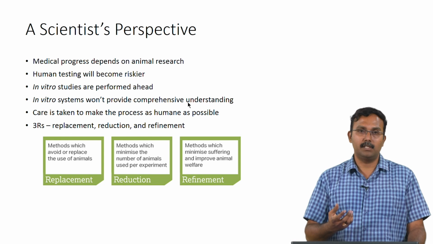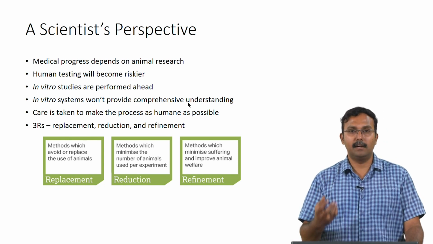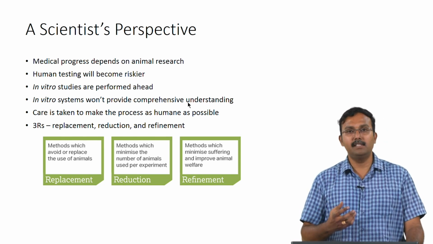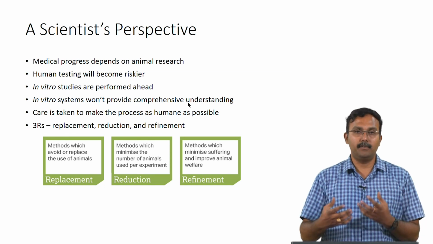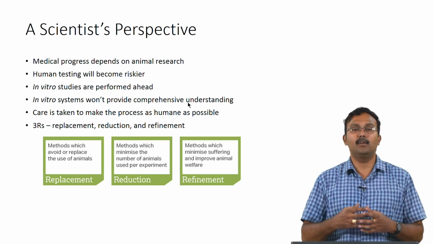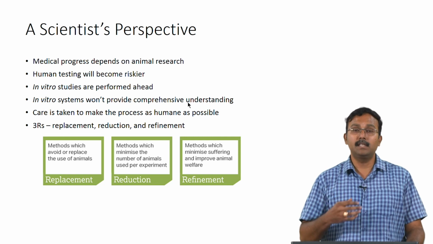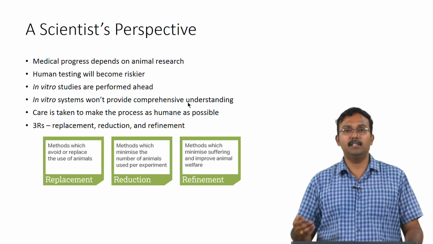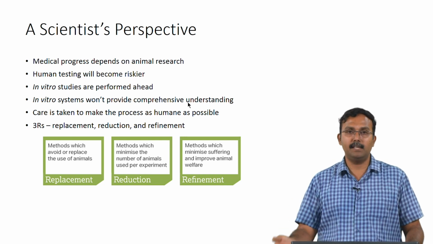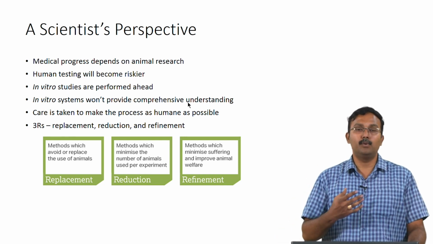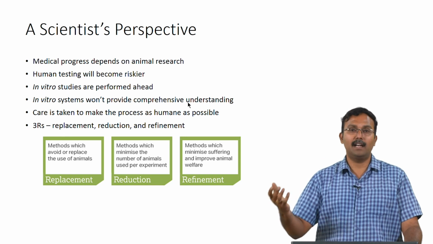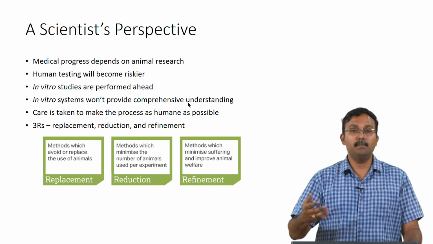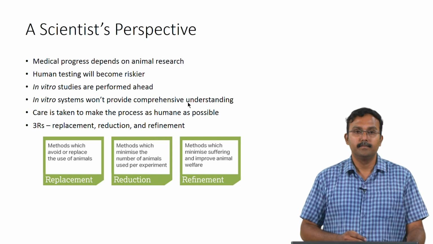Whereas in an in vivo system, in an animal model, what you have is the interplay between different tissues and organs, and also the organ systems. This can all play a role in the toxicity or effectiveness of the product which is developed. So, it is important to test it in animals before you take it to humans.